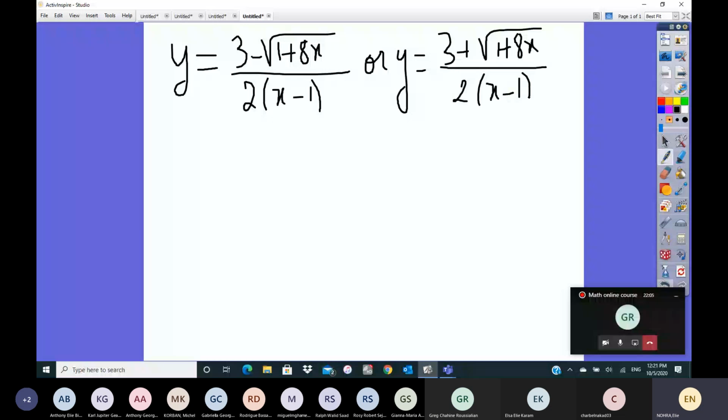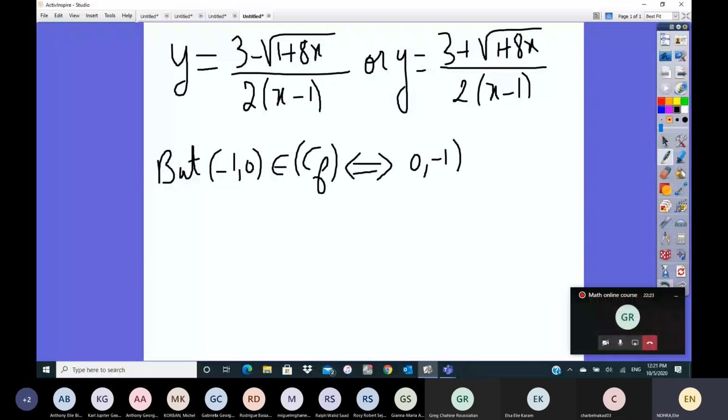So far so good? Right. I'm going to write it so you understand better. Minus 1, 0 belongs to the curve of the function, so we should have 0, minus 1 belonging to the inverse function. Correct?